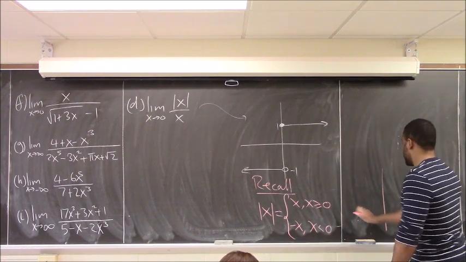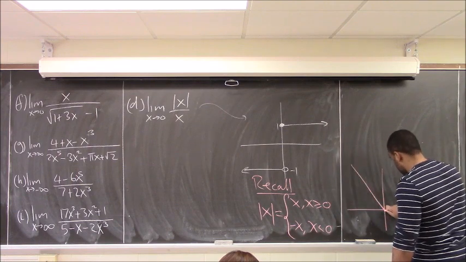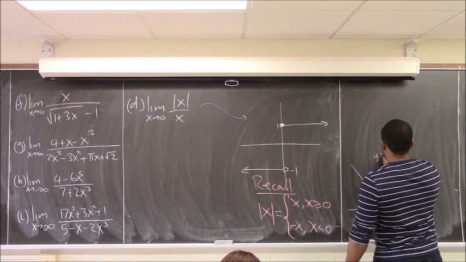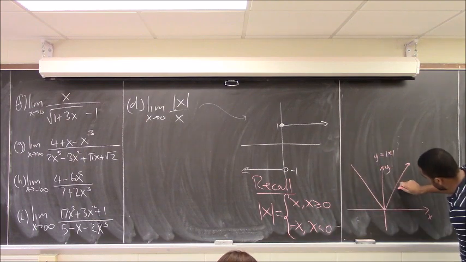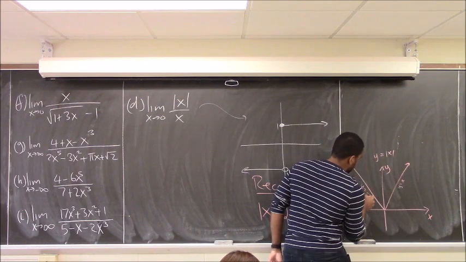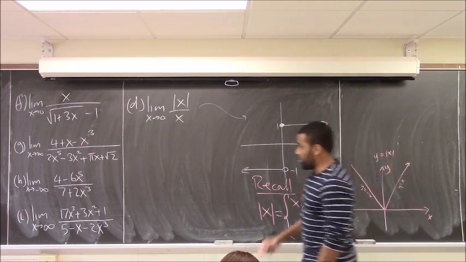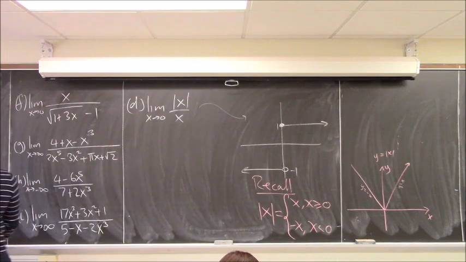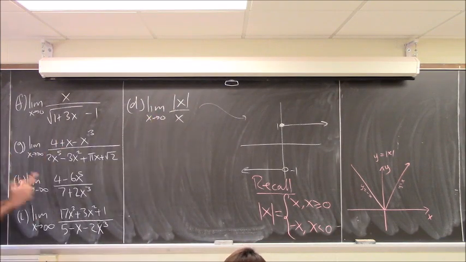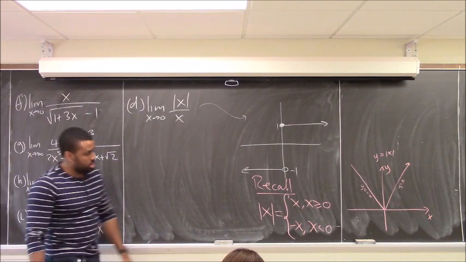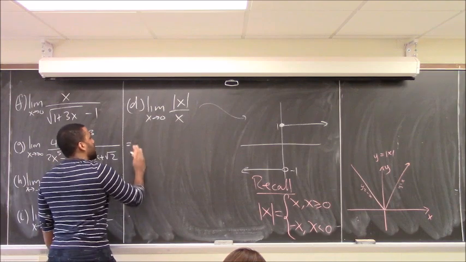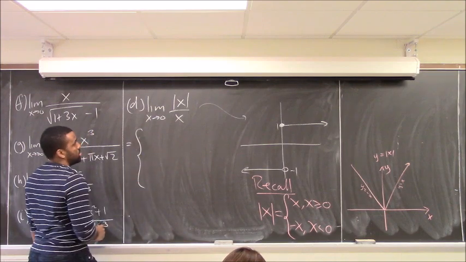You remember the absolute value graph, y equals absolute value of x, looks like a V. Notice on the right side, this is the graph y equals x. On the left side, this is the graph y equals minus x. When you're looking at absolute value and 0 is an issue, you have to worry about whether you're on the left or right side of 0 because things can change that way.